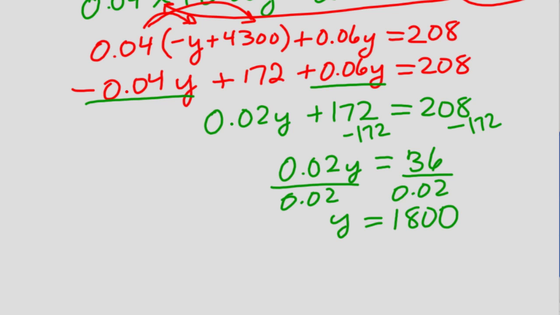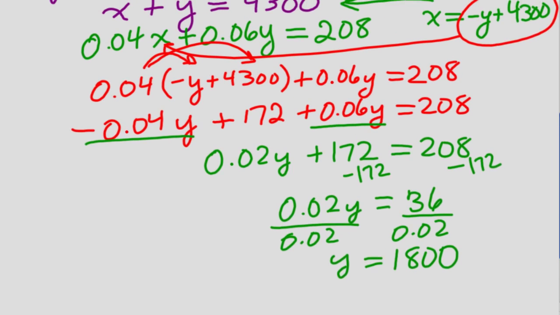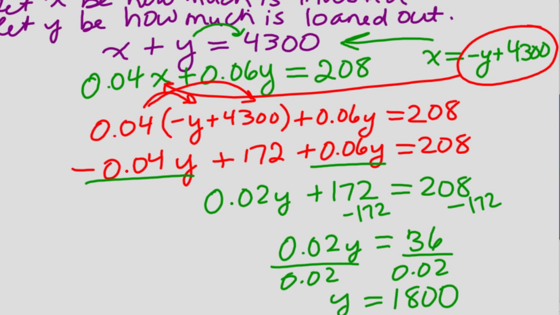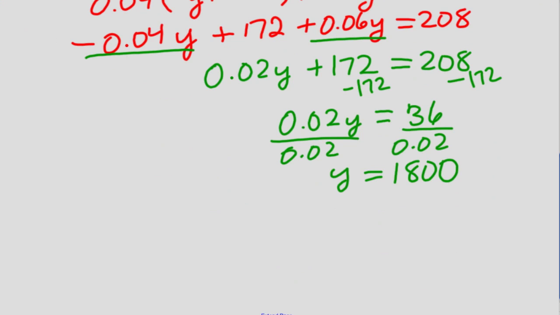We could sub that back in to any of the equations up above. So I might pick this first equation that I had because it just looks the simplest. X plus y equals 4,300. So sub in. X plus y equals 4,300.